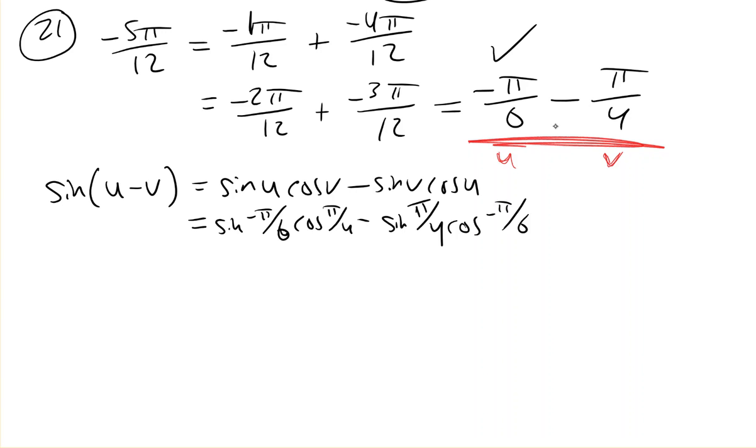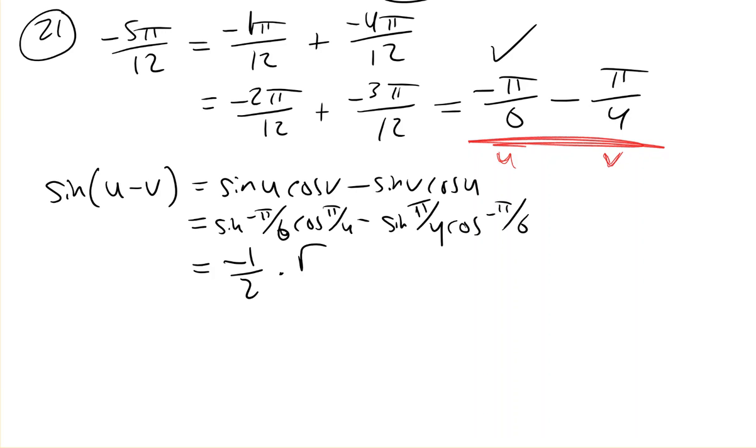Now, assuming I rewrote this in a way that I'm using 2 values from the unit circle, then this is probably going to be the trickiest step. Not because anything is too difficult about it, but when you've got to apply the unit circle 4 times, it's easy to make a mistake. So at negative pi over 6, sine would be negative 1/2.